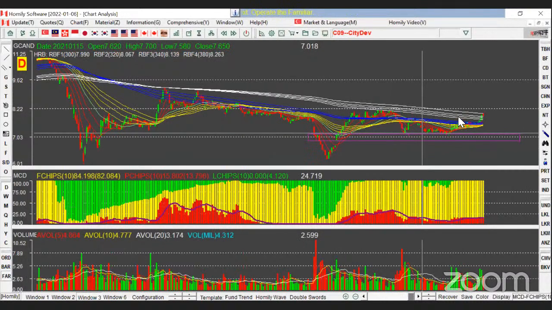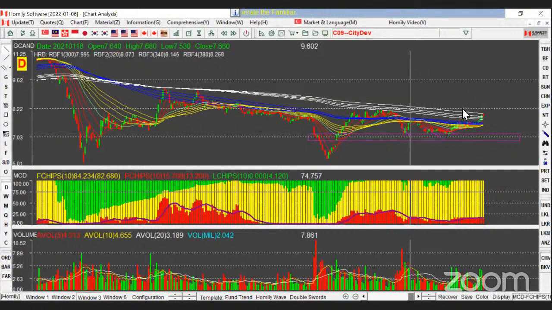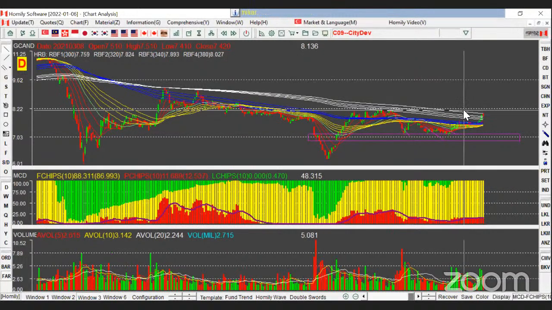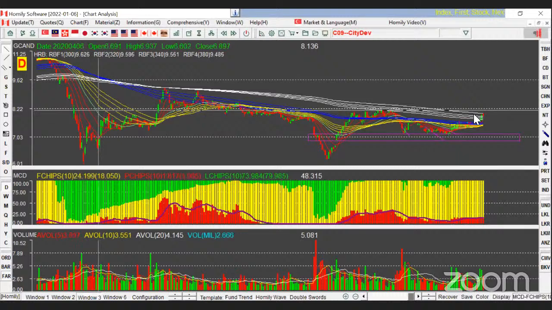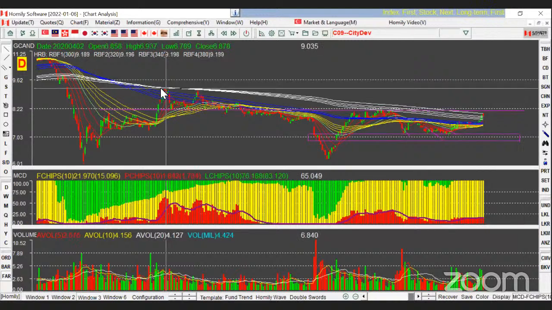But the Y lines are now still resistance, and we see around the Y lines we have significant resistance. We see the level here as significant resistance, right? And also the previous high is here.